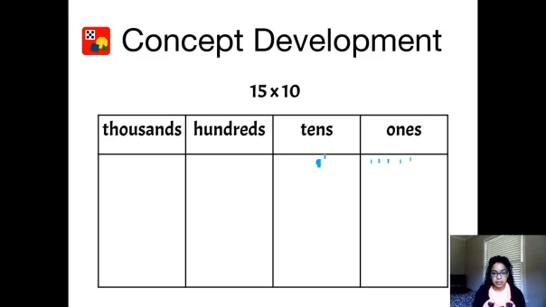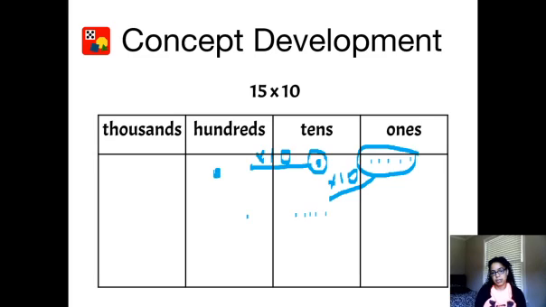So I'm going to take this 1 ten and multiply it by 10 here, and I'm going to do the same with my one group of 5 ones. Multiply it by 10. So that's 100, and 1, 2, 3, 4, 5. So that's 150, and there's nothing here. So 150. All right, moving on.